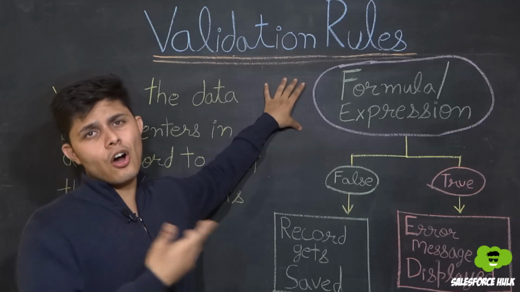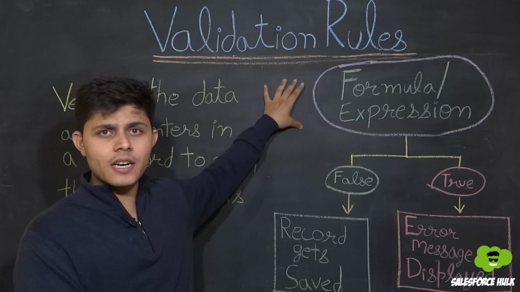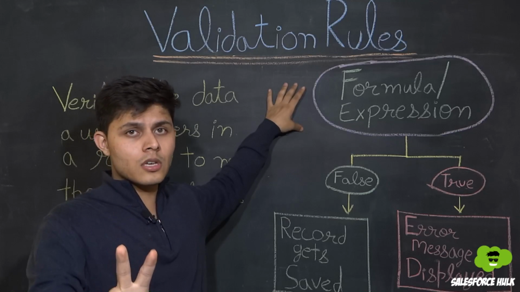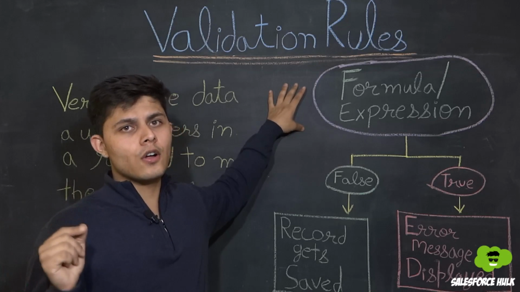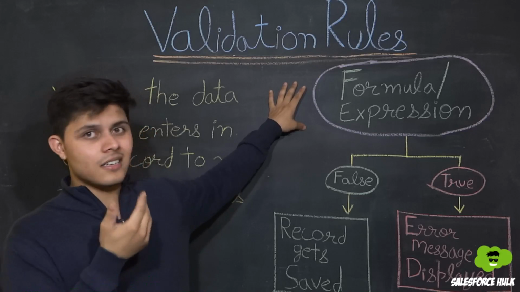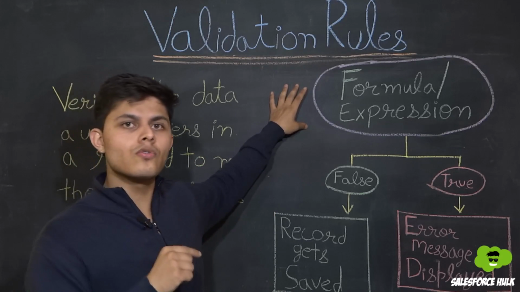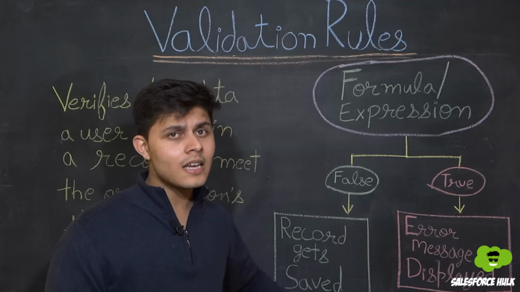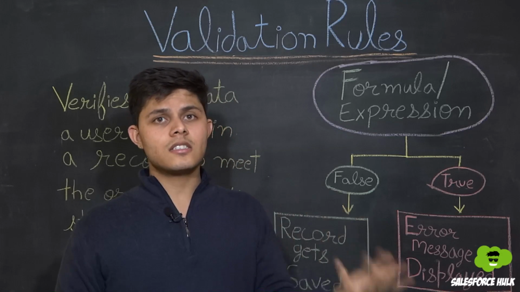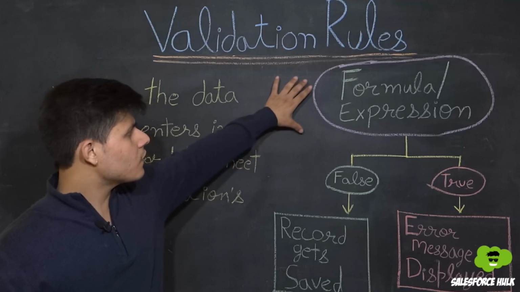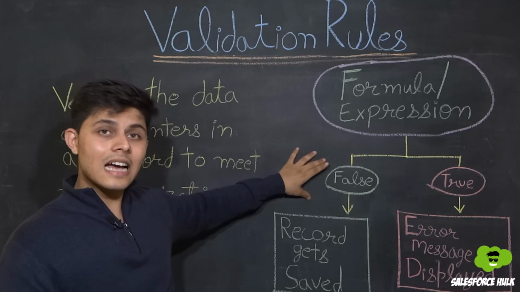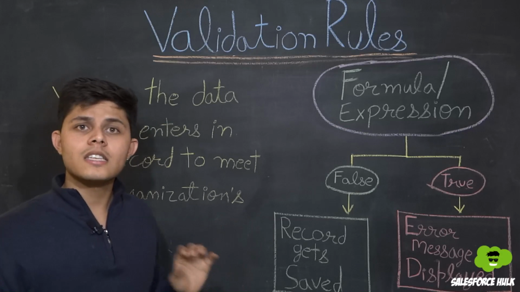First, a formula or an expression which gets evaluated, and this formula or expression returns one of two values, true or false. And if this formula or expression returns a true value, in that situation an error message gets displayed and the record doesn't get saved. But if this formula or expression evaluates to false, in that situation the record will get saved.